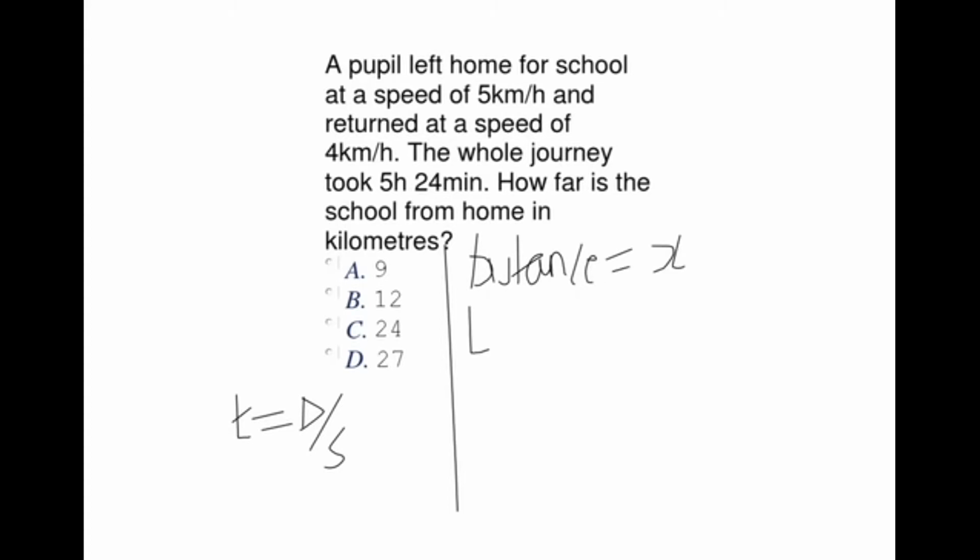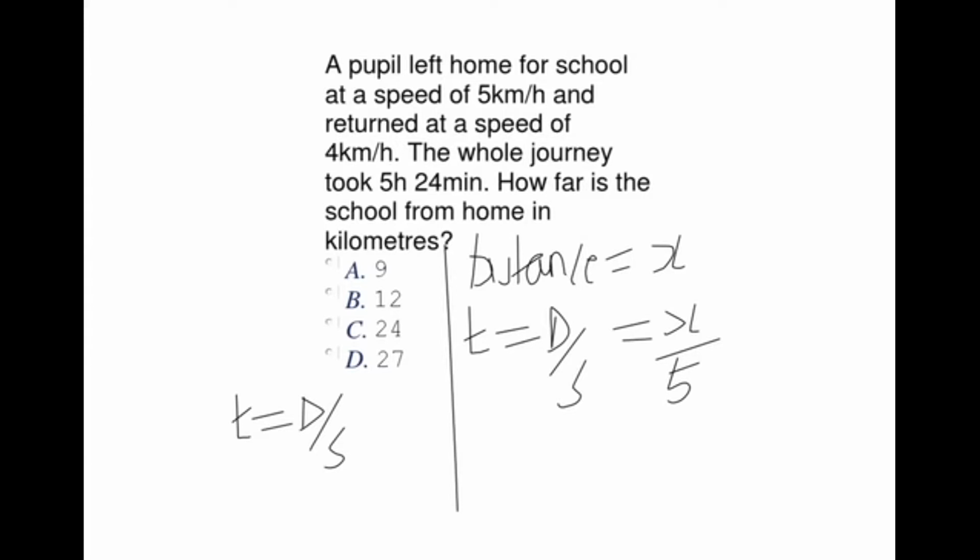So we have time taken when the pupil left home for school will be given by distance over speed, which is x over 5 kilometers per hour.